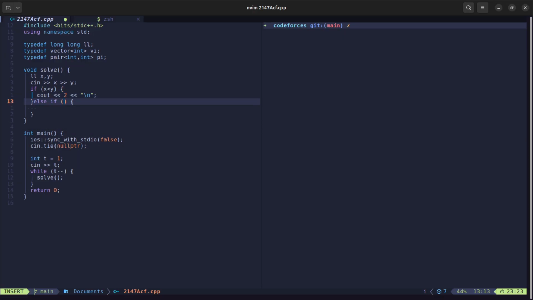Else if x is greater than y, no, there should be something like x is greater than y plus 1, cout minus 1, okay?